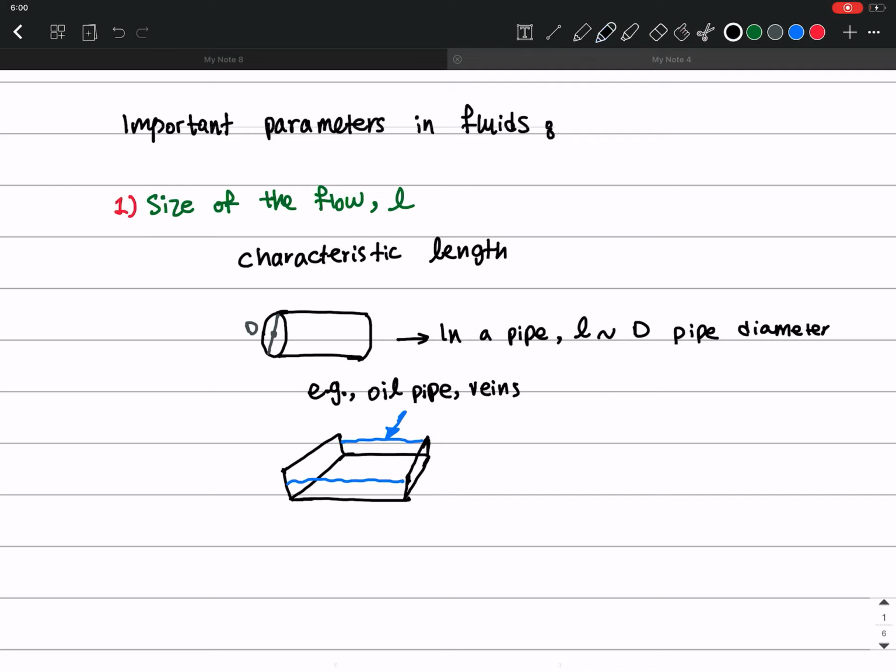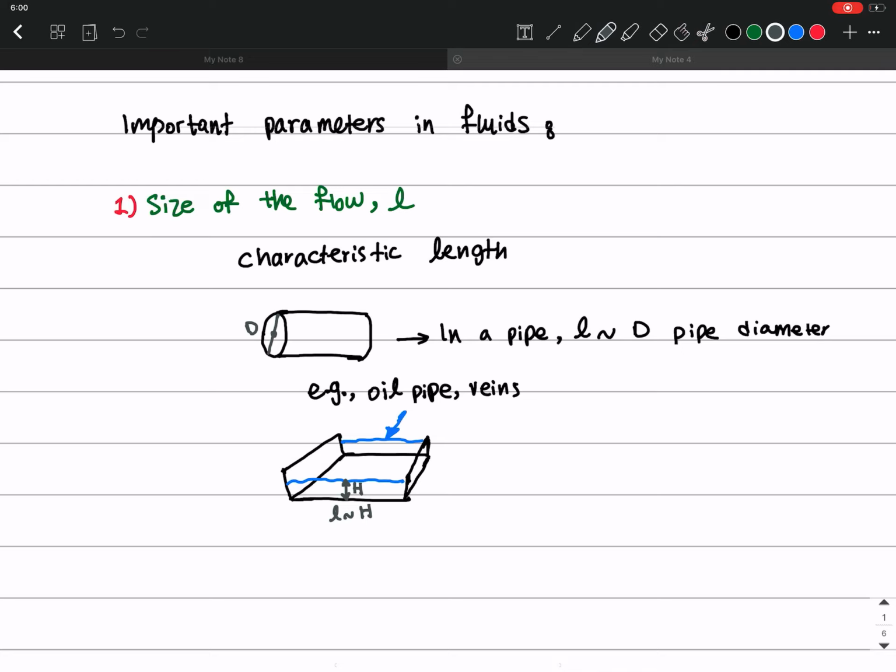The major characteristic length here would be this height or depth of the flow, and we can show it with H. So L is proportional to this depth of the flow.